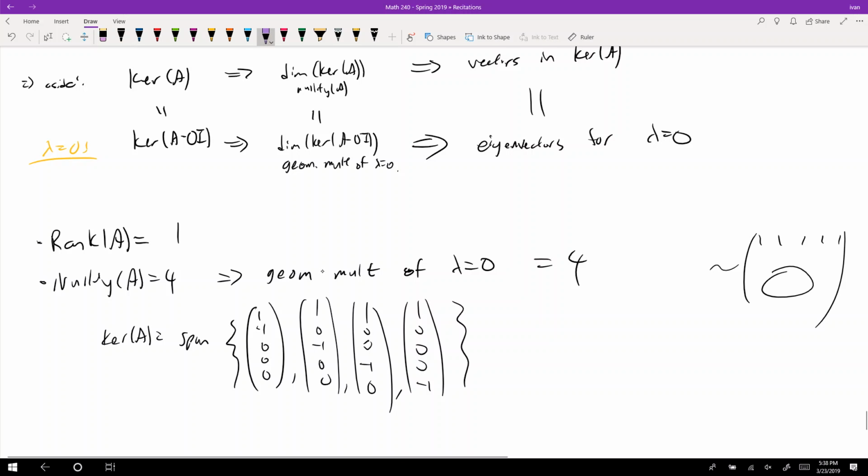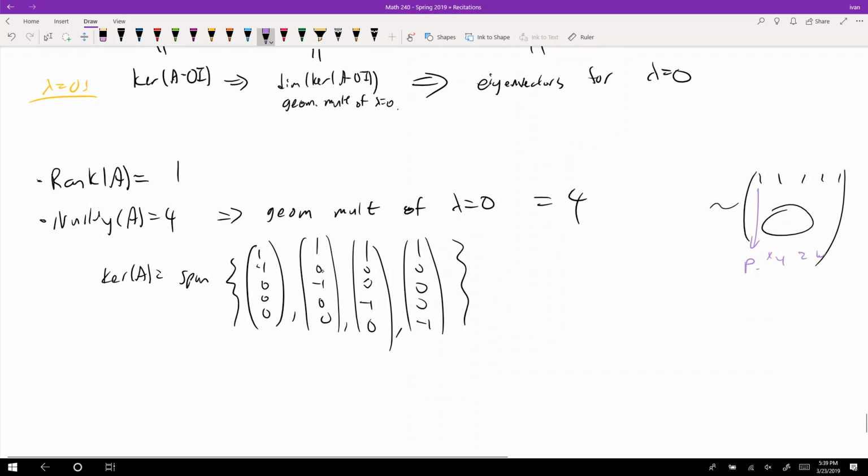You can call this x, y, z, w, and mess around with free variables, or you can just eyeball it. And then this is a pivot. Okay, so I have 4 eigenvectors, right? So geometric multiplicity for lambda equals 0 is 4. So I have these 4 eigenvectors.